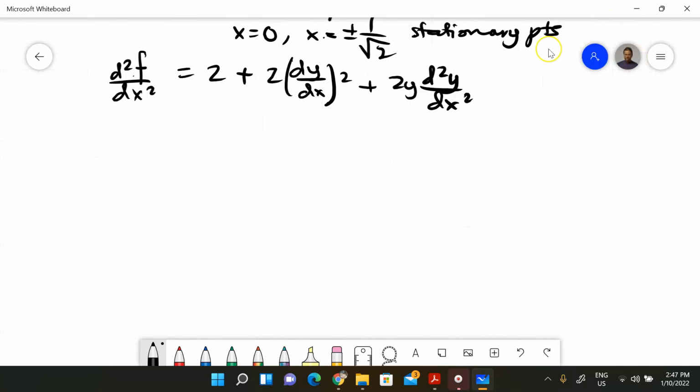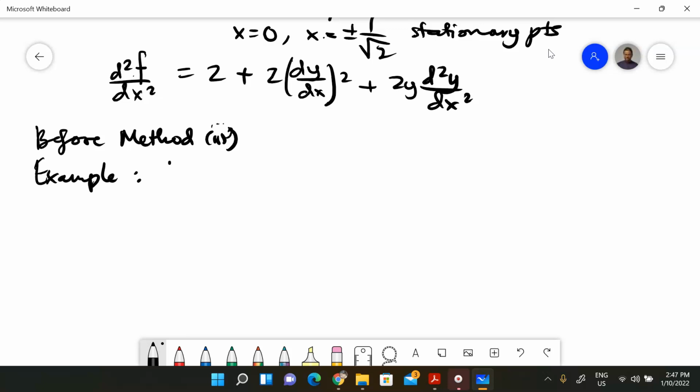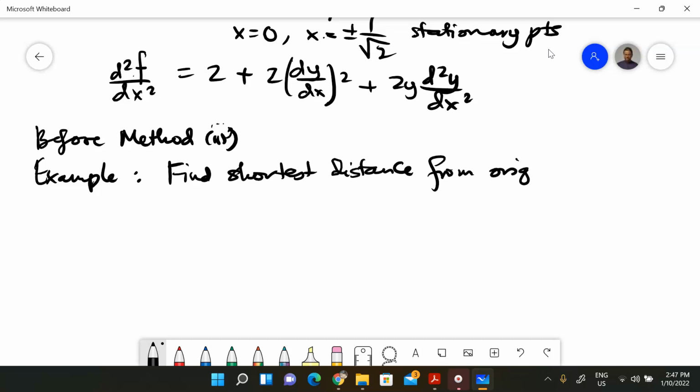So before method 3, look at this particular example. Find the shortest distance from the origin to the plane given by this particular equation.